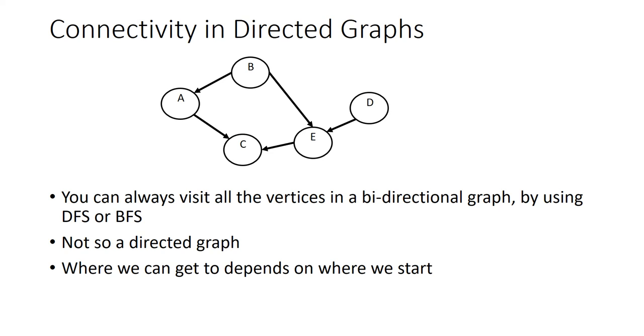But you could have started anywhere on those and it would have worked. Here in the directed graph, where we can get to depends on where we start. So if we start at D, for example, there's no way to get to B. If we start at C, there's nowhere we can get to any place. So the starting point becomes important. Well, that's what we have to say about topological sorting.